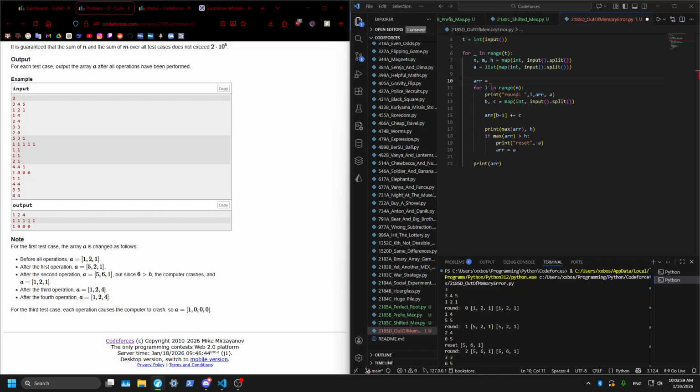Dot copy, deep copy. For an independent copy, you would typically use slicing or copy or deep copy. What's the difference? Python copy versus deep copy.